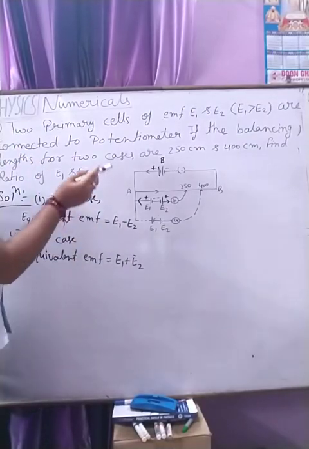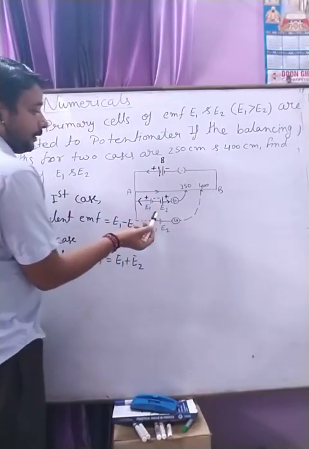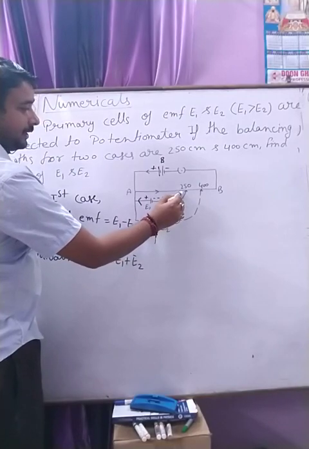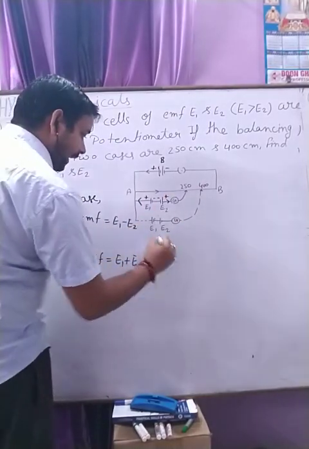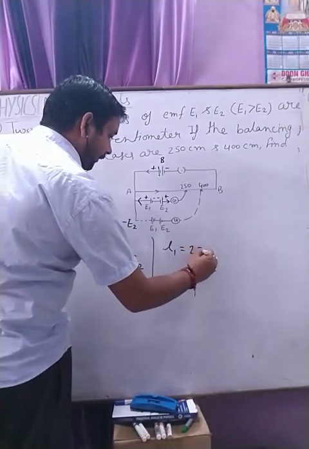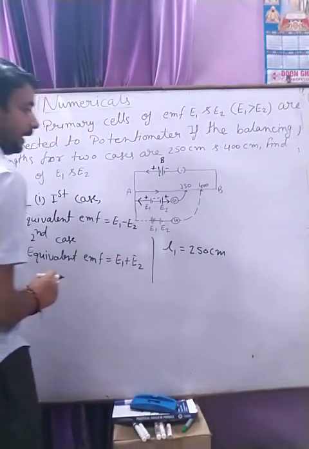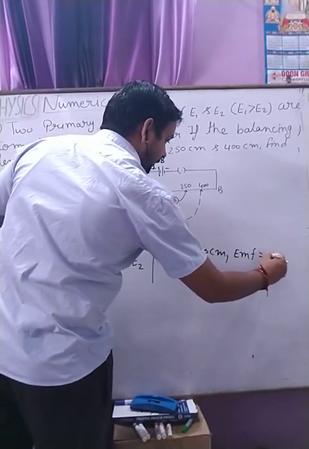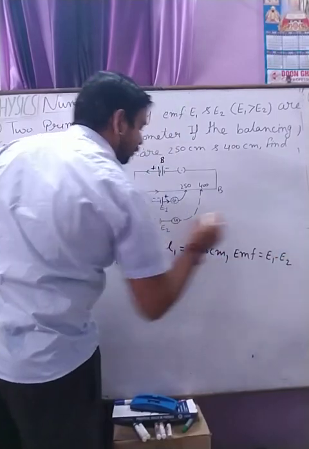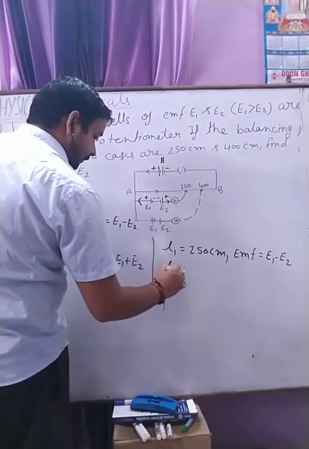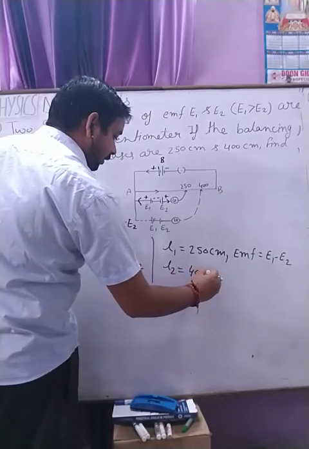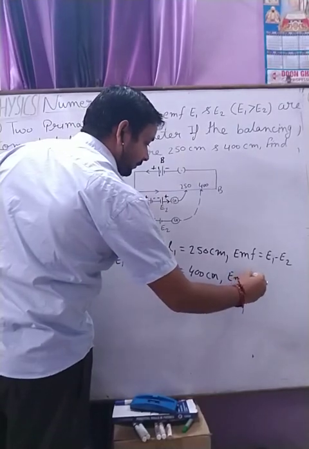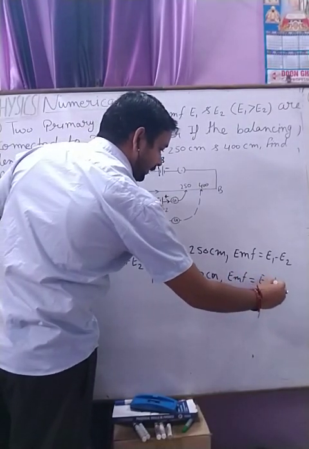Okay, now we go to comparing EMF using the potentiometer. First application: the balancing length for the first case is 250 centimeter. So we have L1 equal to 250 centimeter and EMF E1 minus E2, and for the second case L2 is equal to 400 centimeter and EMF is E1 plus E2.